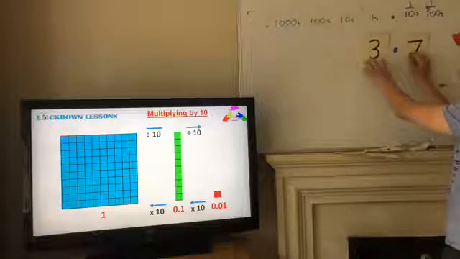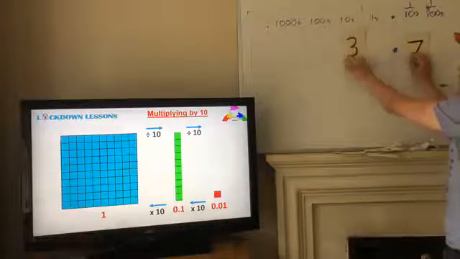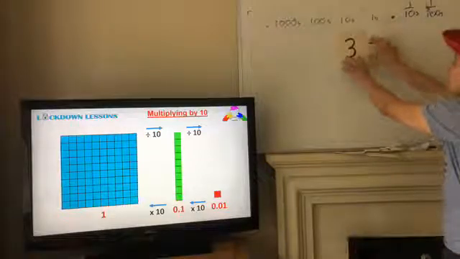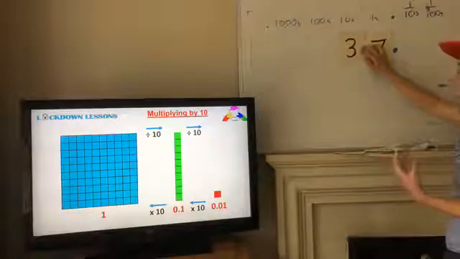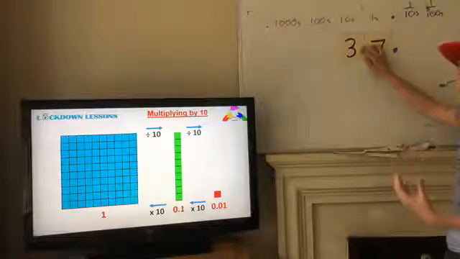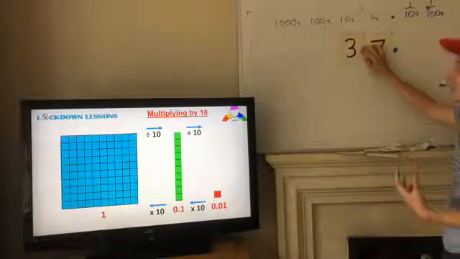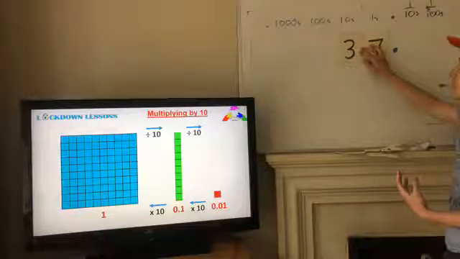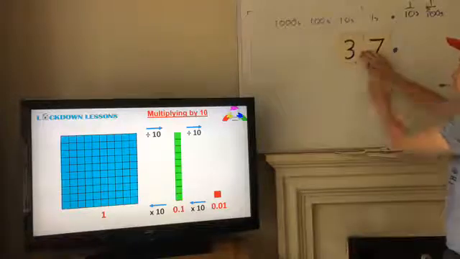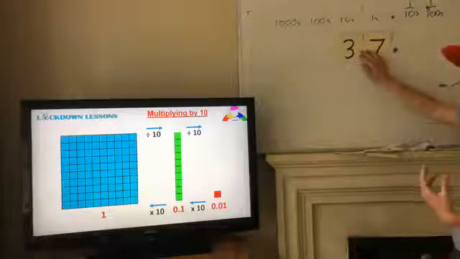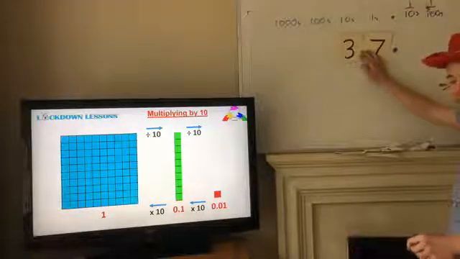So if you times this by 10, the 3 will go to the 10, the 7 will go to the 1, so there. So it moves along each place. It's a really powerful way to think about timesing and dividing by 10 and 100. Okay, sticking with the 37. What would happen if you times this by 100? If you times 37 by 100, think about where it will go.